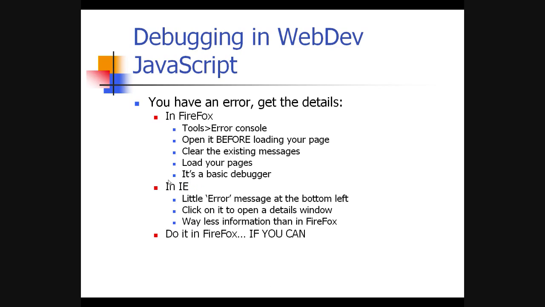So if you have the choice, do it in Firefox if you can, because remember, often errors are happening only in one browser and not in the other one. If it's something that works perfectly in Firefox and not in Internet Explorer, you won't have the Firefox error console available. That's the end of it.